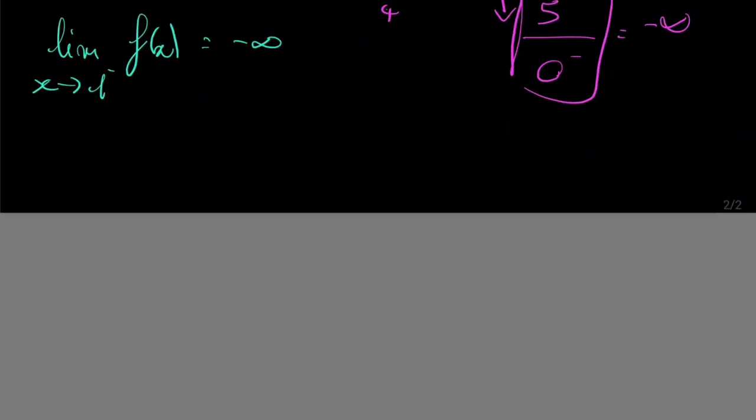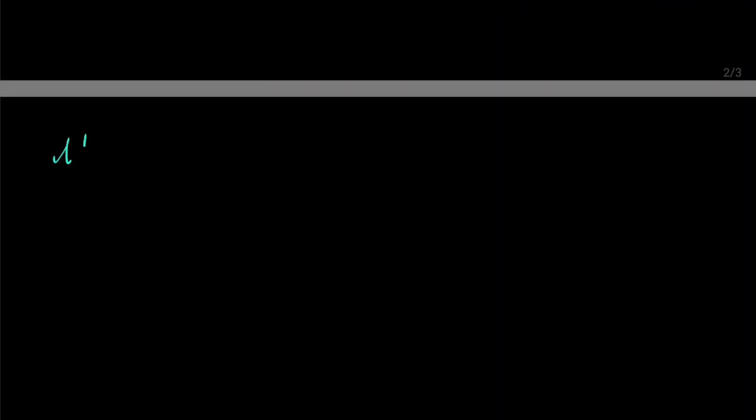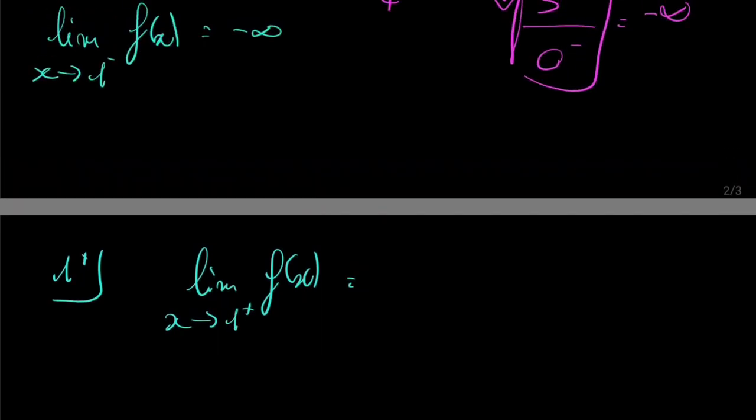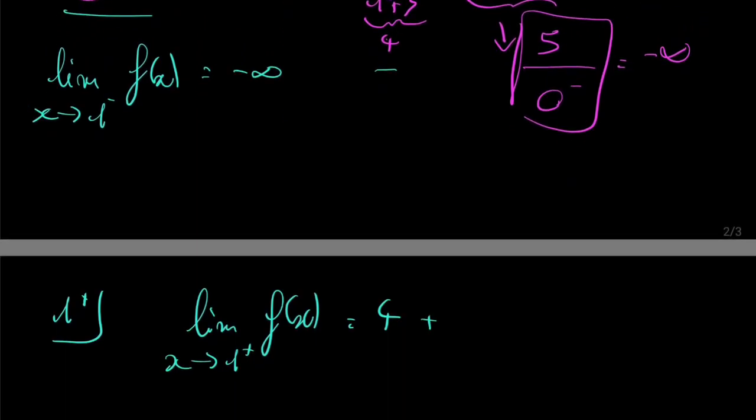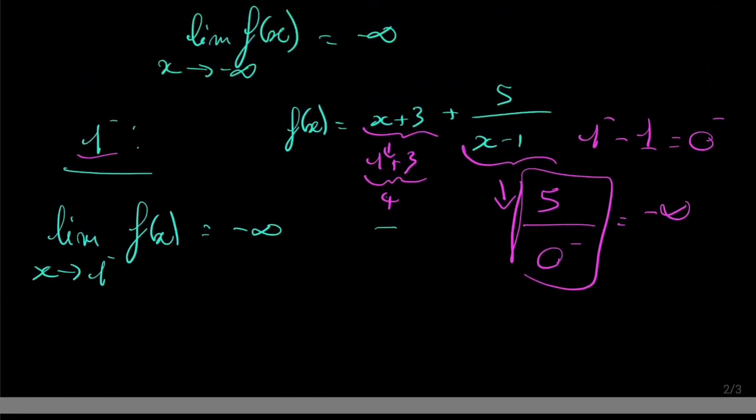For 1 plus, the limit of f of x when x tends to 1 plus will be equal to, of course, 4, so the first part, and here plus 5 over, this time, 0 plus, because here we will have 1 plus this time minus 1, so something a little bit bigger than 1 minus 1, and this will give us a thing a little bit bigger than 0.